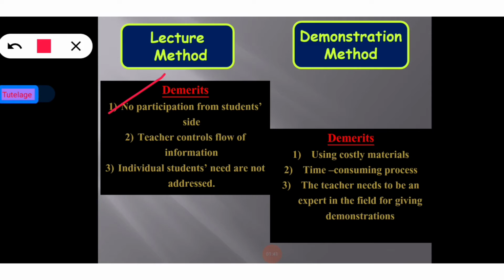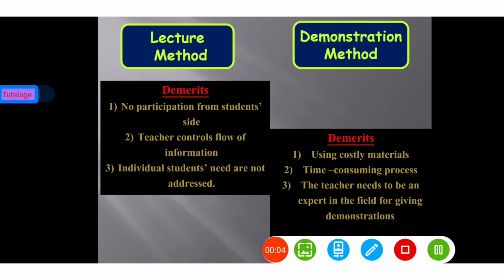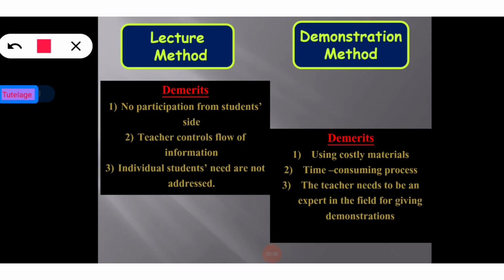Now going to the second point, the teacher controls the flow of information, obviously, because the teacher can adjust the flow of information depending upon the time and need of the class students. So that's why the teacher fully controls the flow of information. Now move on to the third point of the demerits, that is individual students' needs are not addressed.